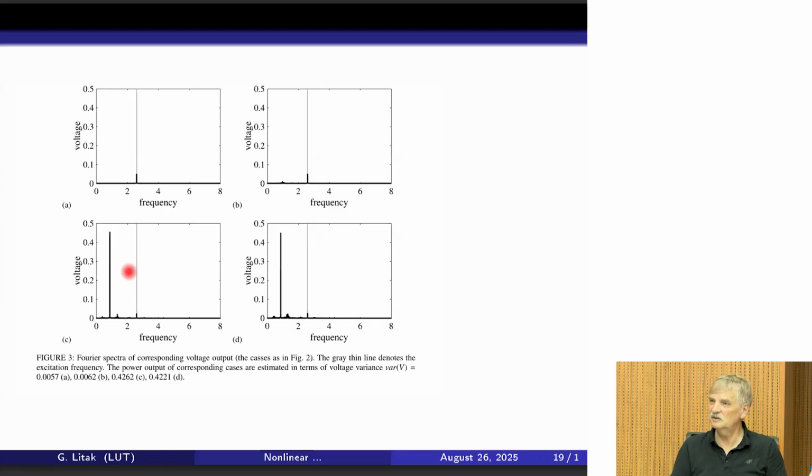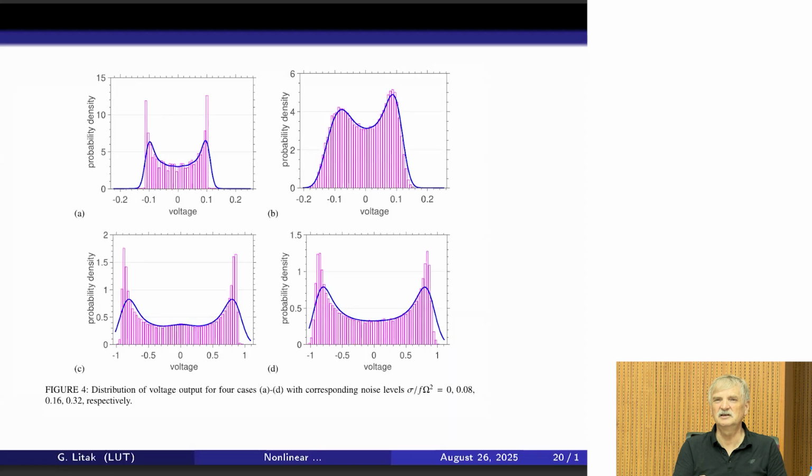And this is like a subharmonic solution. This is present only in some nonlinear systems. And this was some probability distribution of the voltage in this system. Yeah, so this is some additional information, but maybe not so interesting.